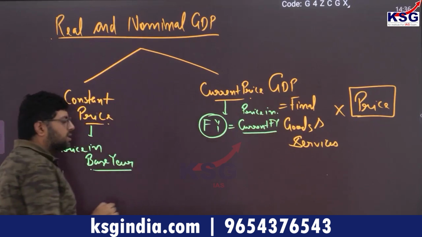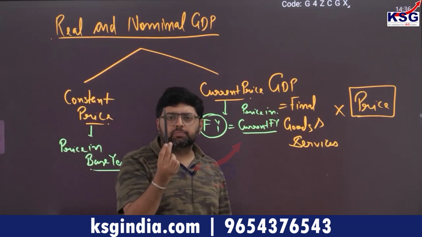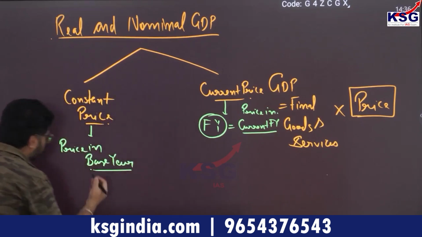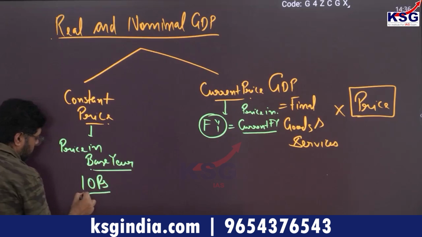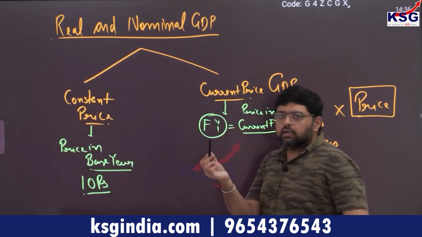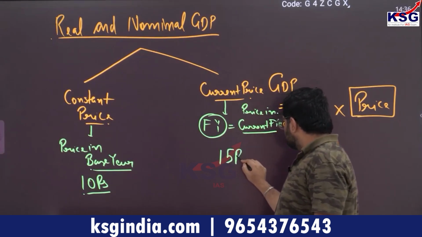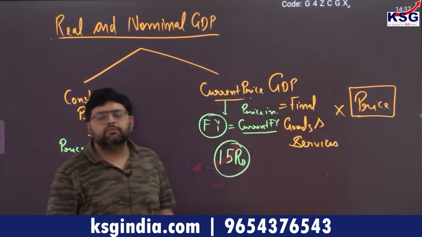Now possibilities like this: if I talk about this product, maybe this pen is made at 10 rupees in base year. So the price of this pen is 10 rupees in base year, whereas the price of this product currently is 15 rupees. Now why is it 15 rupees?